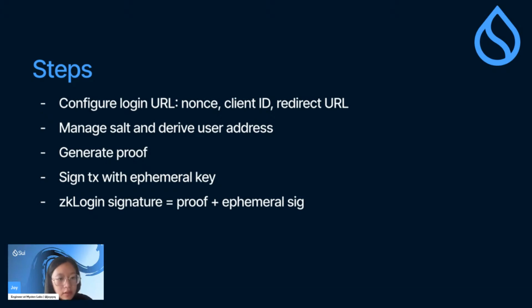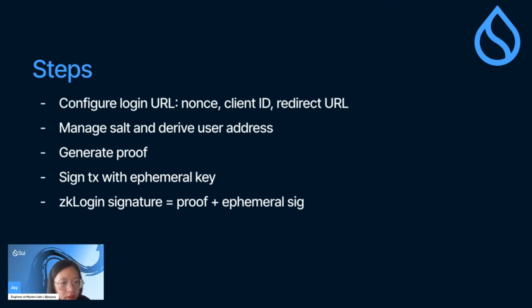And you also need to configure the client ID and the redirect URL. What this means is that, as an application, you want to tell Google where to send the JWT token to, and the redirect URL is what your application is.